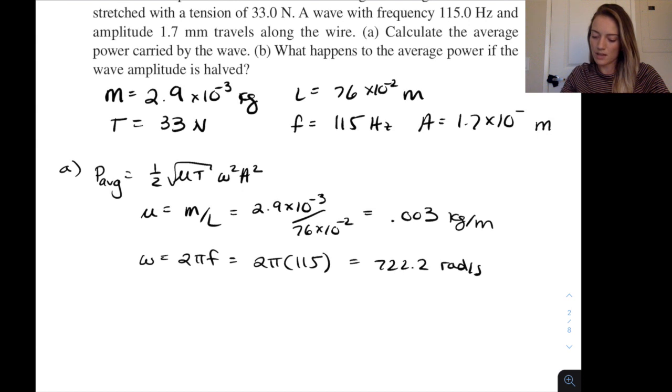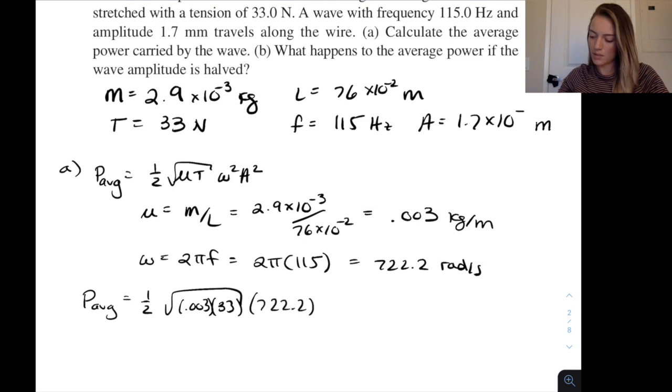So we get that the average power is 1/2 times 0.003 times 33 times omega, which is 722.2, squared, and then the amplitude is 1.7 times 10 to the negative 3 squared.